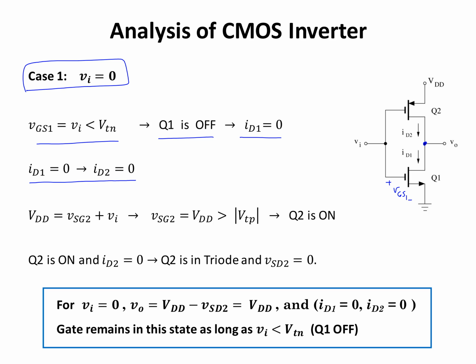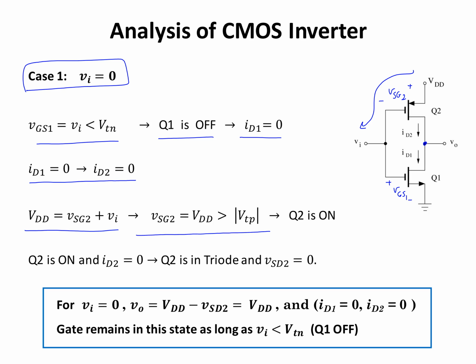Let's check the state of transistor 2 next. I'm going to label this one voltage of source to gate for transistor 2, and from the KVL in this loop I have VDD equals voltage of source to gate for transistor 2 plus VI. VI is equal to 0, as a result VSG2 is equal to VDD, and that is greater than the threshold voltage for the p-type transistor.